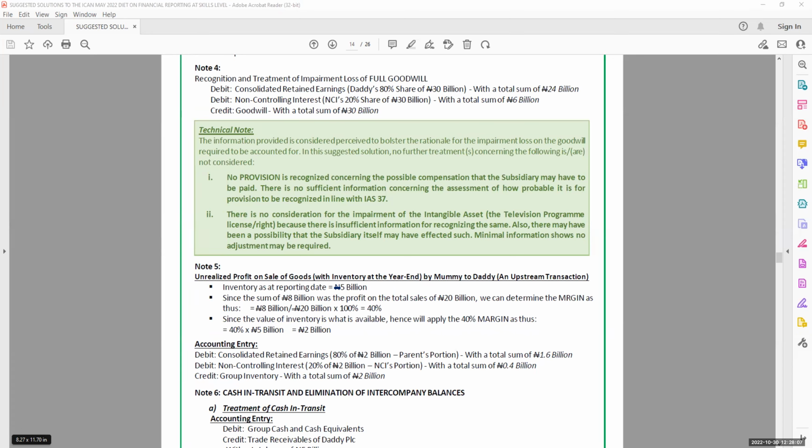There is no sufficient information concerning the assessment of how probable it is for a provision to be recognized in line with IAS 37. 2, there is no consideration for the impairment of the intangible assets, the television program license or rights, because there is insufficient information for recognizing the same. Also, there may have been a possibility that the subsidiary itself may have effected such. Minimal information shows no adjustment may be required.